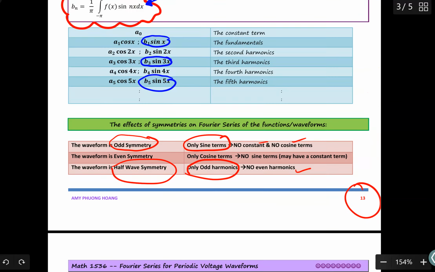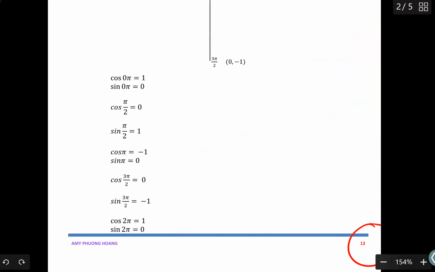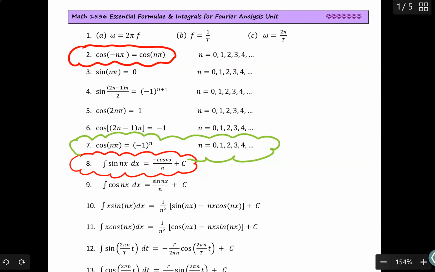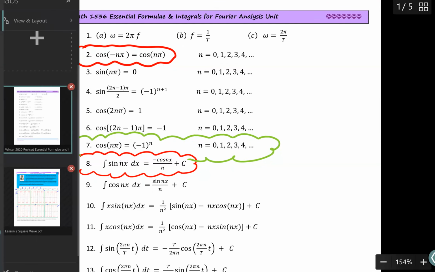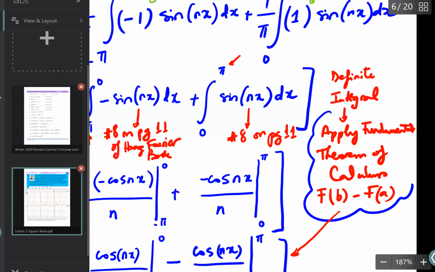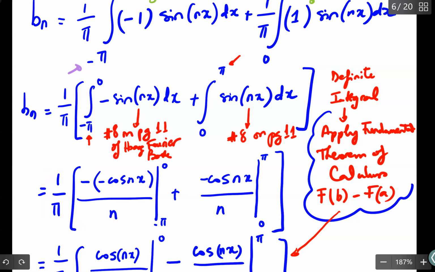On these 4 pages, you will find some formulas that you may need to apply to your integral, because we integrate using the unspecified term n.